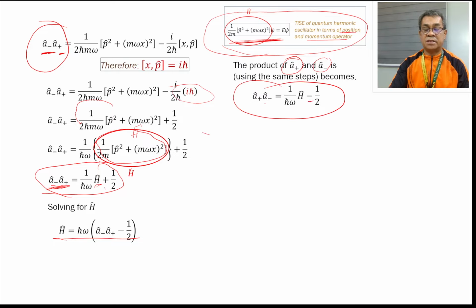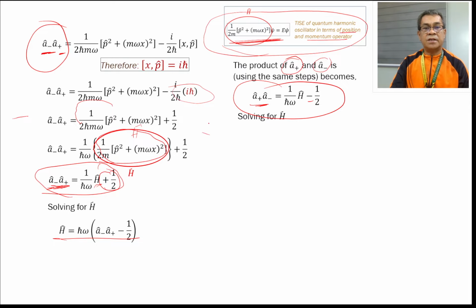So if we reverse the order of the product of the two operators, then we have this additive inverse. We have this positive, but if we reverse the order of multiplication of the two operators, this will become minus. We can obtain this by following the same steps as what we did previously.